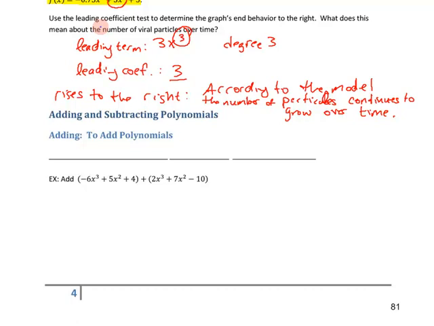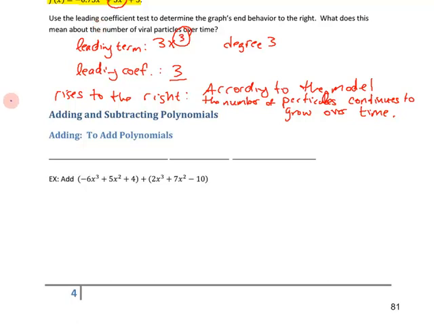Then in different scenarios where the functions are modeling real world things, it's not uncommon for us to see those kind of things being added together or multiplied together or subtracted. So we're going to talk about how we do those operations with functions which are polynomials.